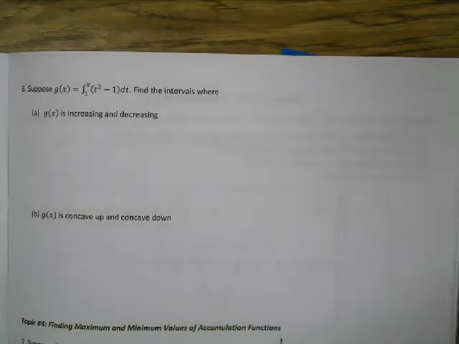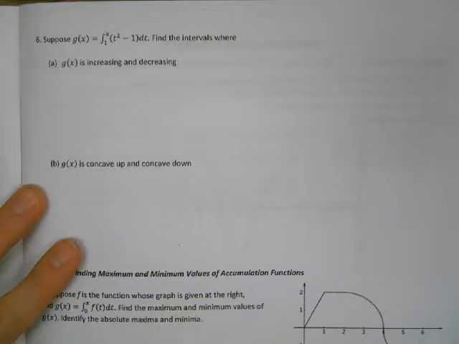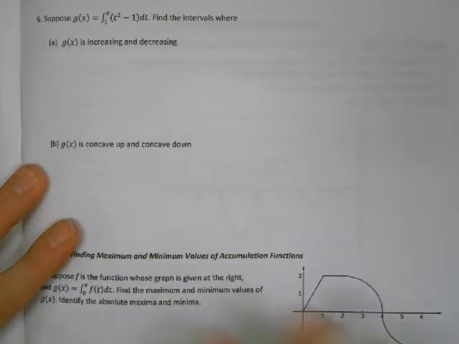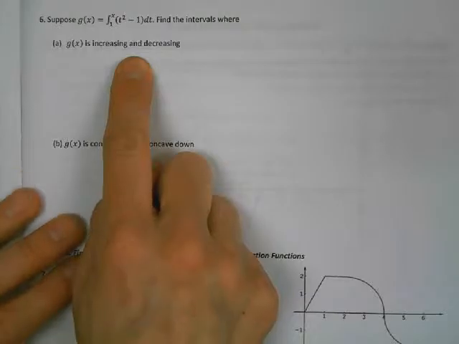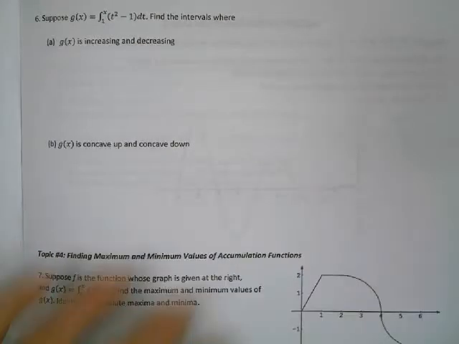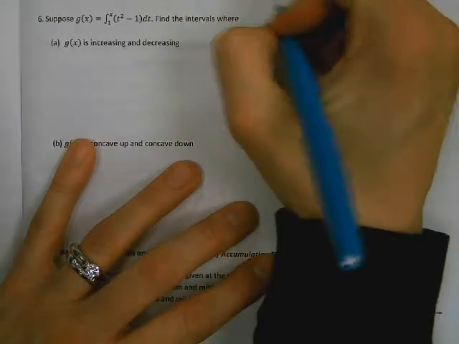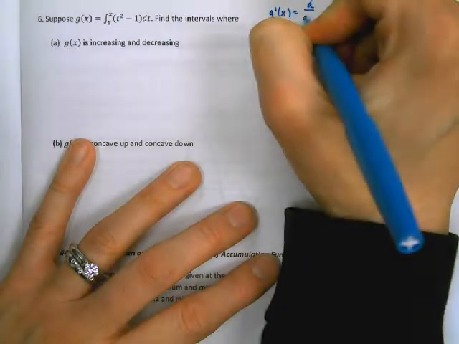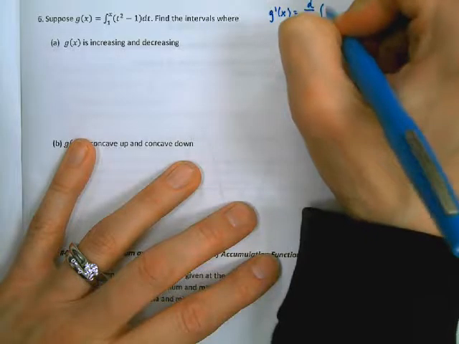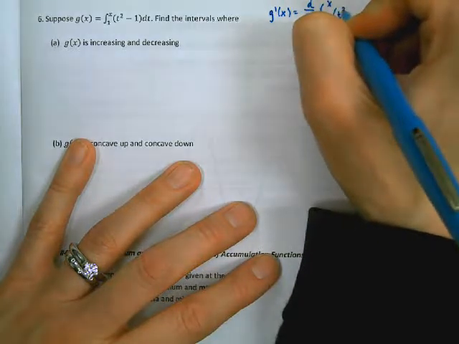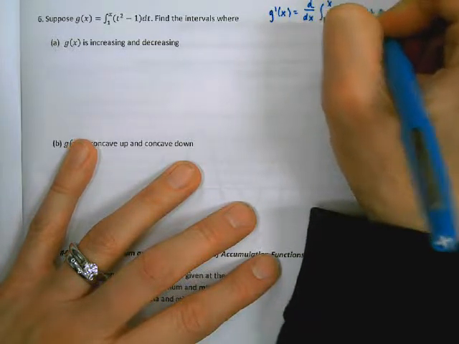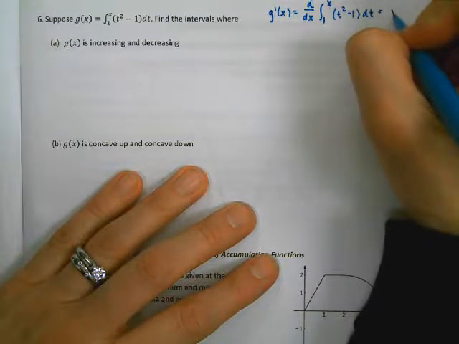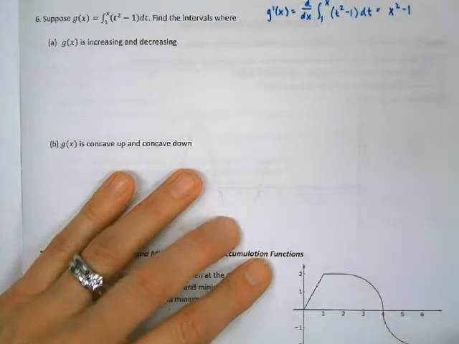Now we don't have a graph anymore, but we have our accumulation function. Again, g of x, where it's increasing and decreasing, we know depends on our first derivative. So g prime of x is going to be the derivative with respect to x of my integral. So I know that's going to be x squared minus 1.